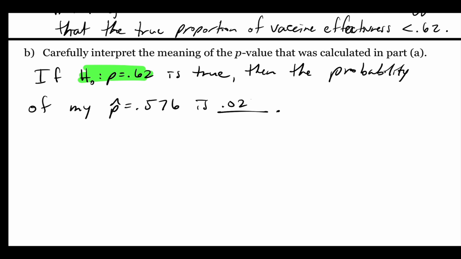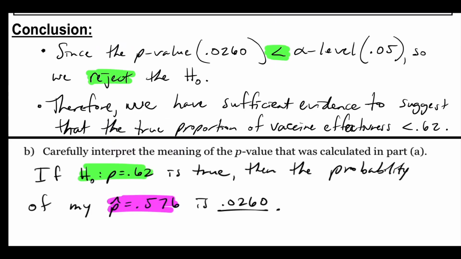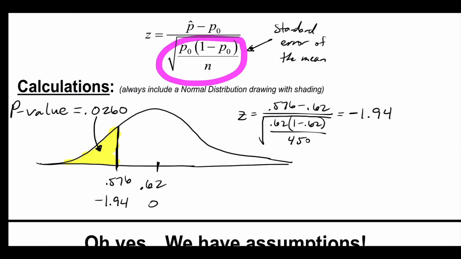Was it 0.026, something like that? If what they're saying is true, then the probability of me getting a p hat of that is very small. That's essentially what you're trying to say. Really what you're trying to do is compare p hat to p, or mu to x bar, whatever you're trying to do. That's essentially what it's doing here, right?